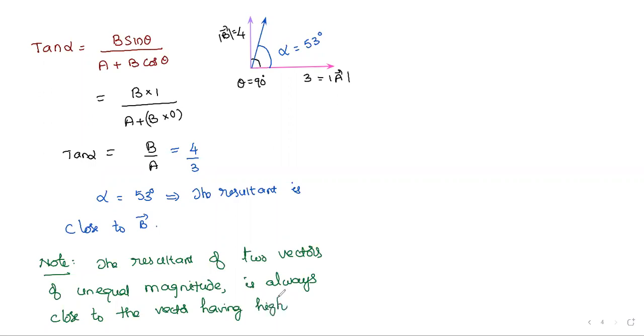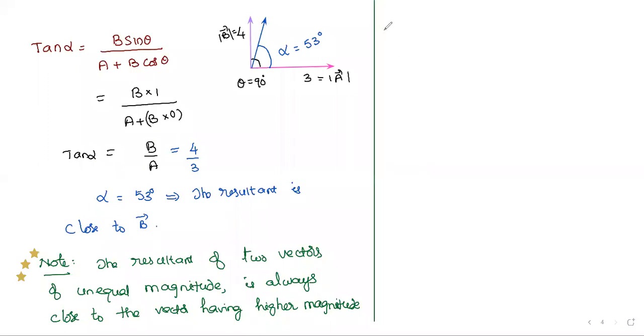Yes, exactly, higher magnitude. Right, this is the conclusion. Always close to higher magnitude. You have to remember, again, this is a very important point when you come to numericals.